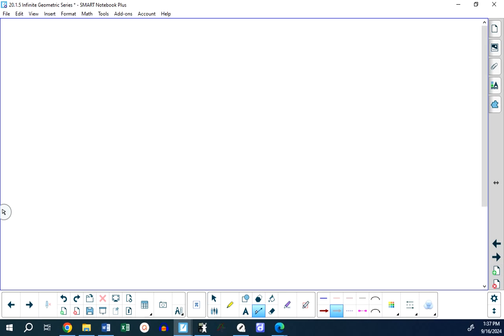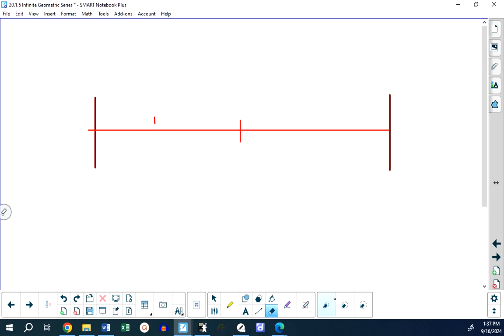You are starting off, I'm going to call this distance 4. You are starting off and you are taking the number 2, which is half of this distance, of 4. And then what you are going to do is add half of that 2, which is half of the remaining distance.